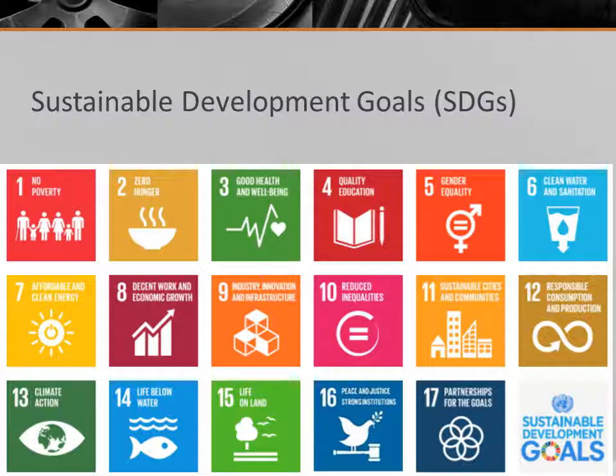Now, I'm going to read each of the goals in their entirety. And while I do that, I want you guys to be thinking about, what do you think is most important for improving development? So out of these 17, which do you think is going to make the biggest difference in terms of development? Which one do you personally believe is most important? Which one would you want to see most accomplished?